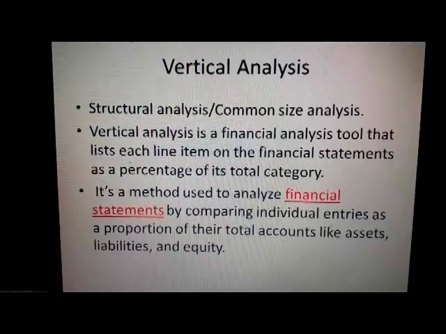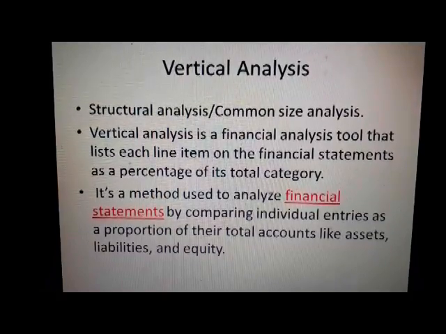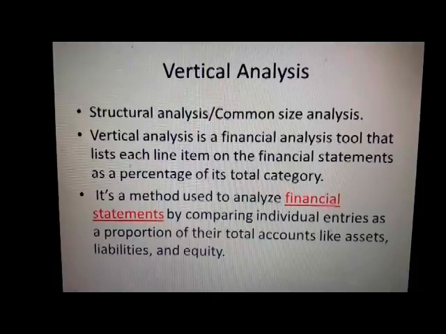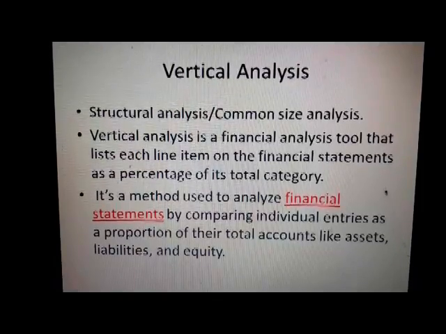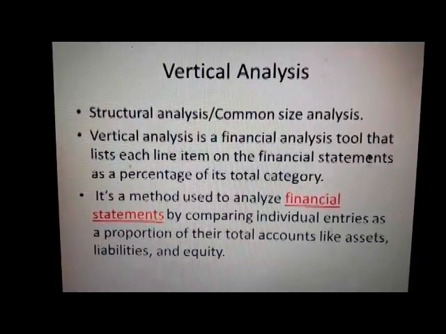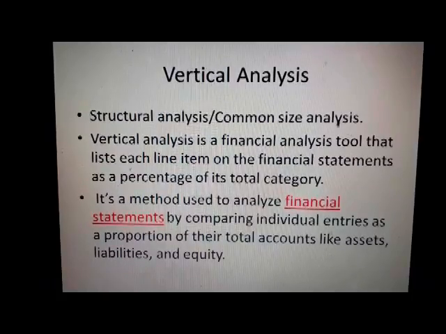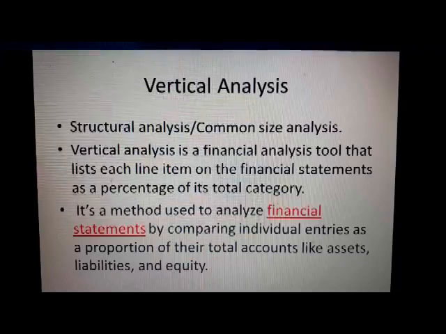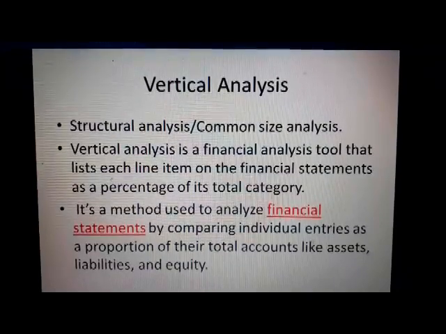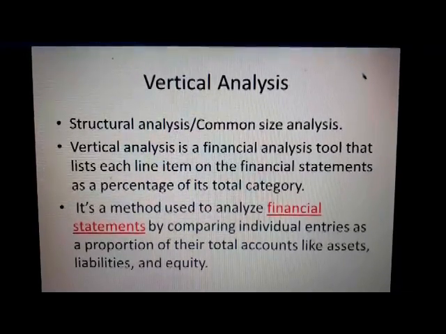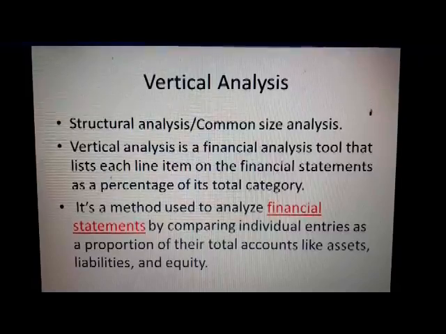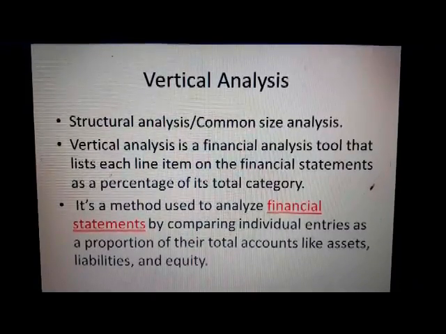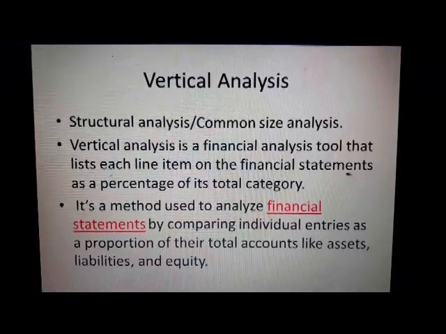Vertical analysis is also known as structural analysis, common size analysis. Vertical means up and down, and this analysis provides tools that list each line item on the financial statements as a percentage of its total category. Actually, it's a method used to analyze financial statements by comparing individual entries as a proportion of the total accounts, like assets, liabilities, and equity.